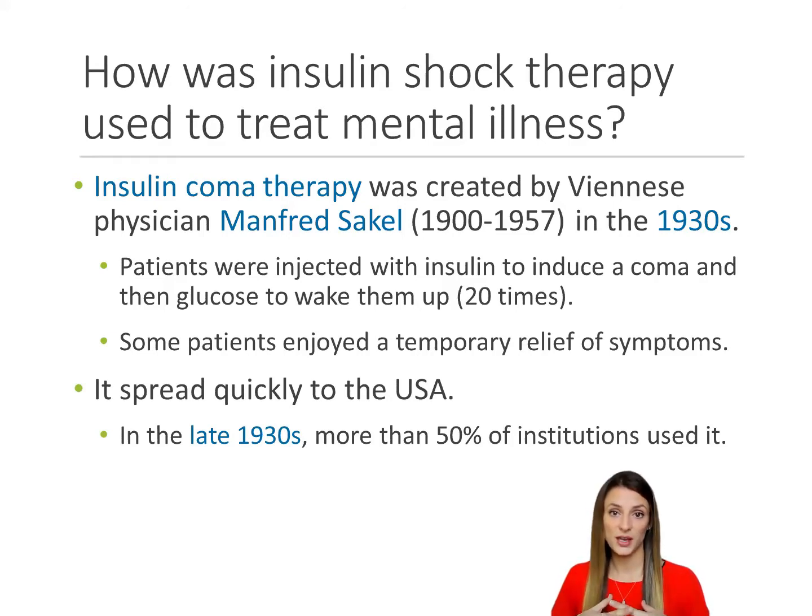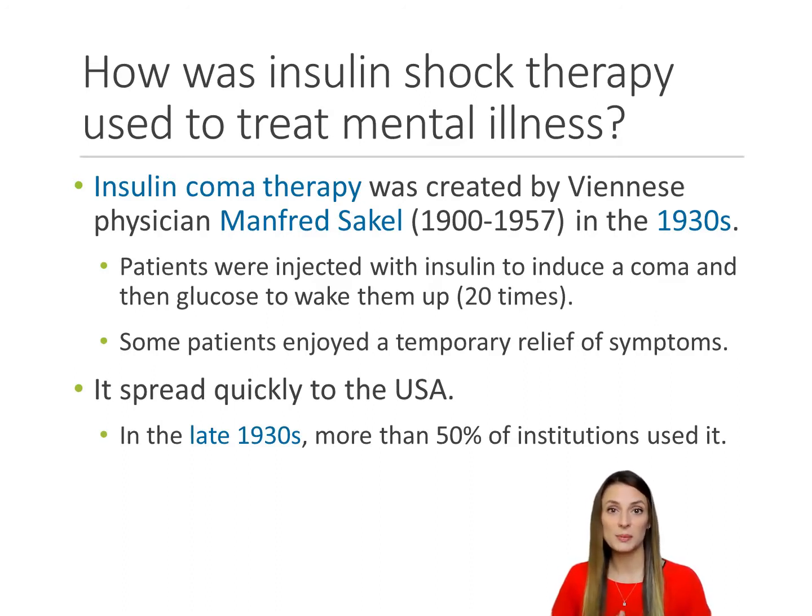He injected his patients with enough insulin to lower their blood sugar and induce a coma for about 20 minutes. Then he would inject them with enough glucose to bring them out of the coma. This was repeated 20 times at least over a period of many days, many weeks.